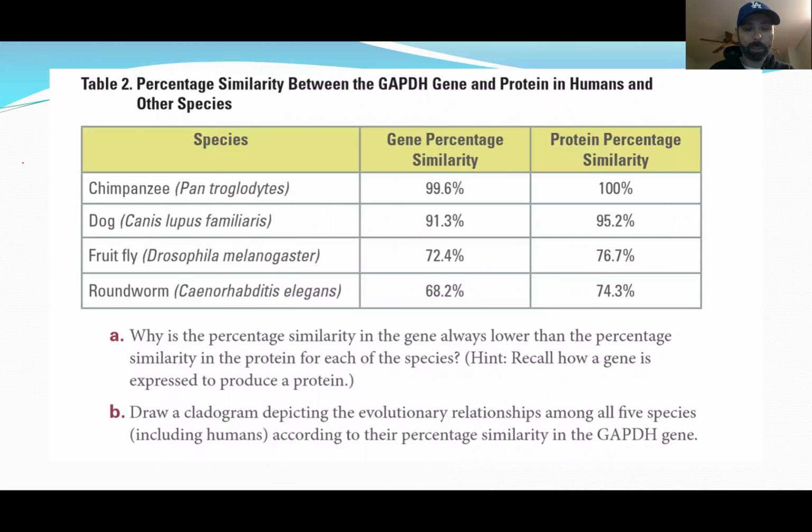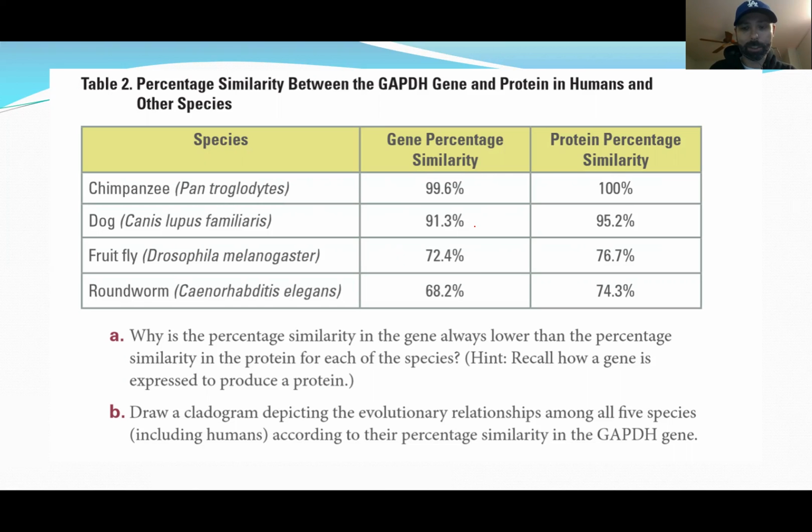So then there was the second question, comparing the GAPDH gene and protein in humans versus other species. And these ones are nice too because you get a number, right? We just have these specific numbers right here, and we can just use those to line things up. The first question, however, is asking why is the percentage similarity in the genes always lower than the percentage similarity in the protein?